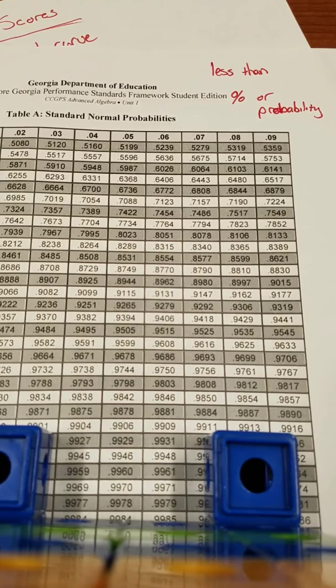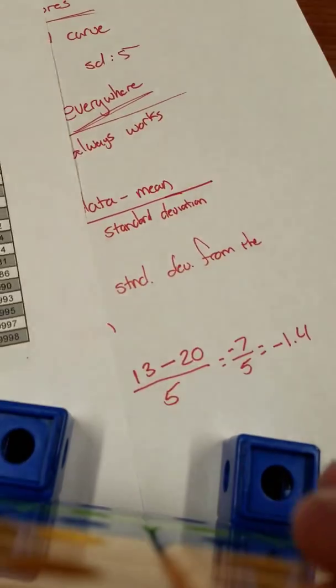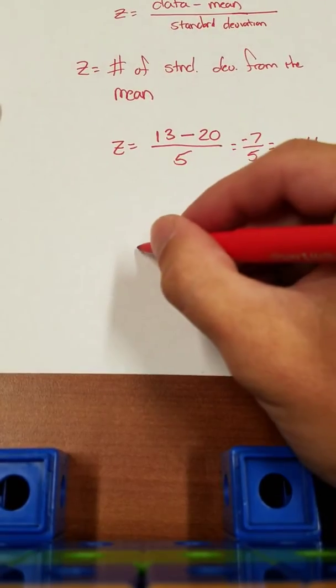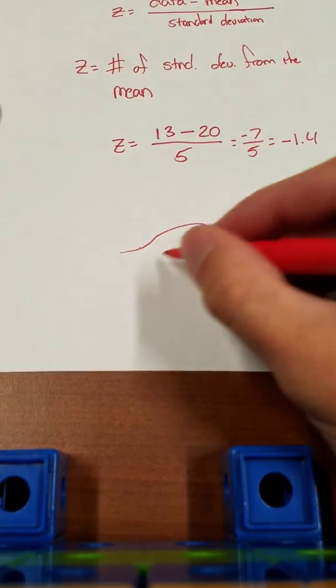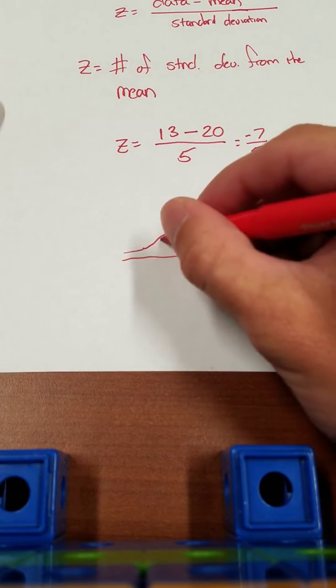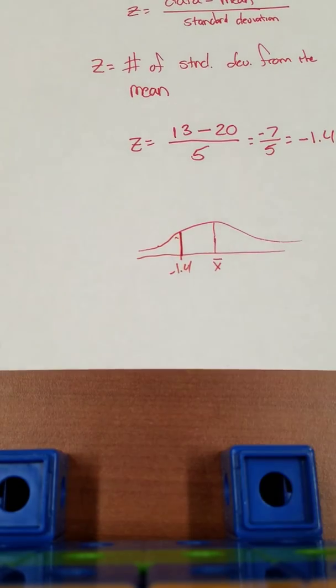This chart tells you the percent that is less than a z-score value. In other words, if we're dealing with this lovely number right here that we've been dealing with for a little while. So we have our normal curve because it has to be a normal curve. We've got our mean. Negative 1.4 standard deviations is like right there, okay?